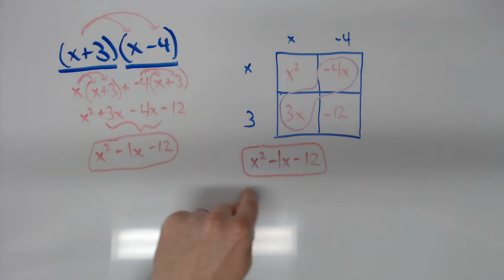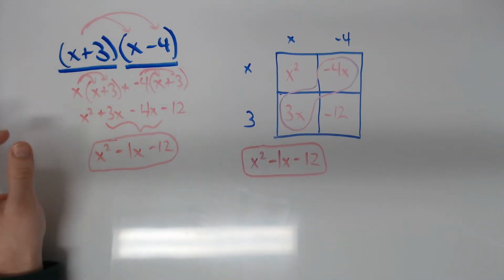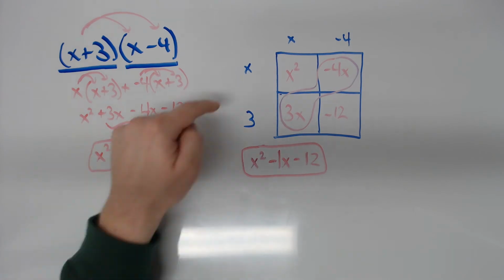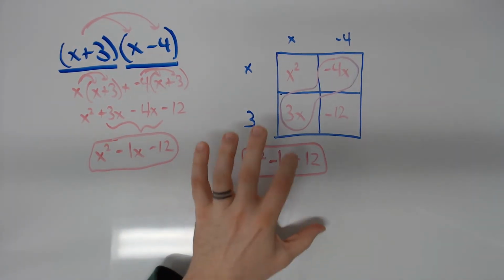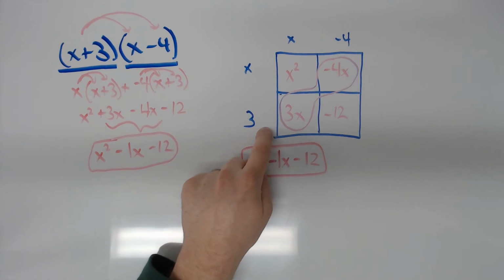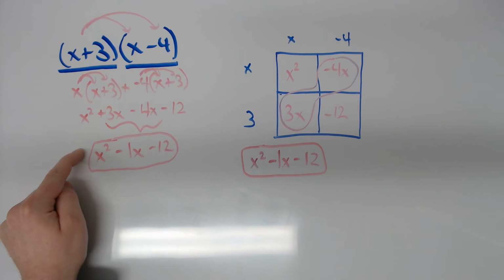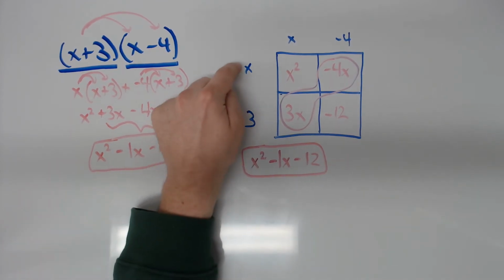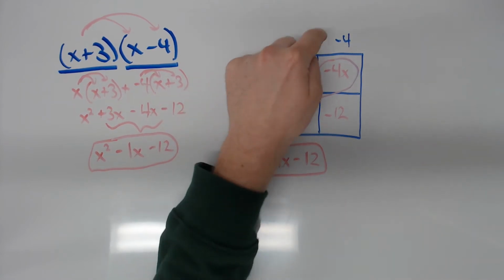What's nice for this is if you have bigger expressions, if we have trinomials or even bigger than that, we just have to make the box a little bit bigger. In my mind, this is a little bit easier to look at. This is a lot of just typical algebra looking steps. This is another way to organize that everything in one term or everything in one expression has to be multiplied by everything in another expression.